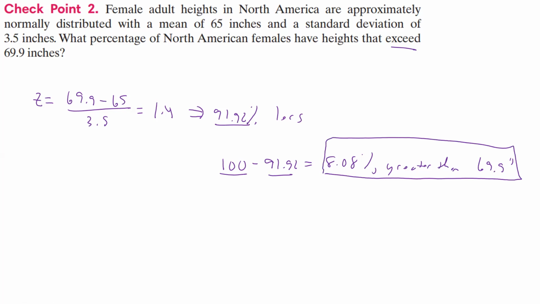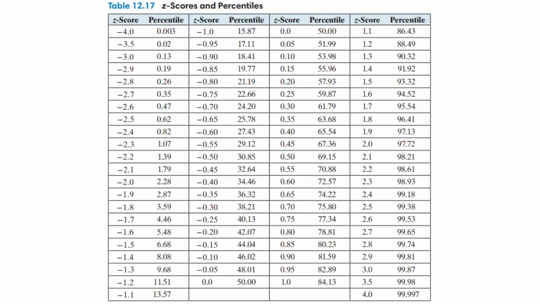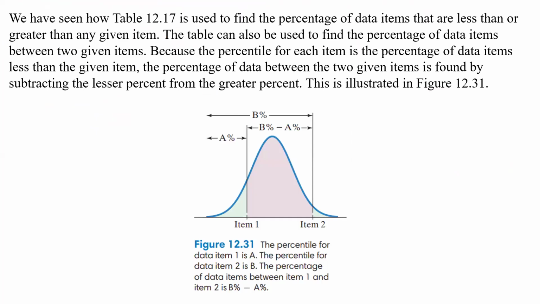All right, now we've seen that the table can be used to find the percentage of data items that are less than or greater than any data item, but it can also find data items between two points.